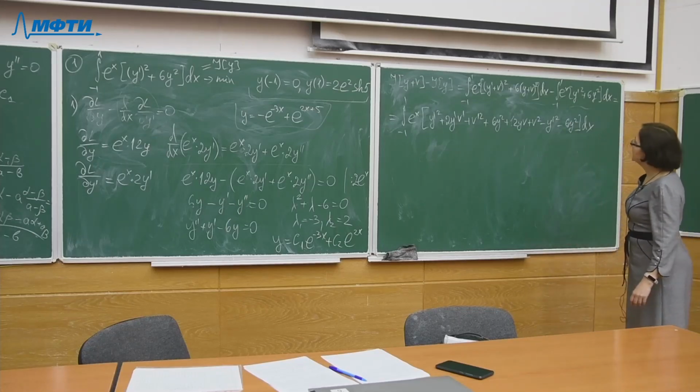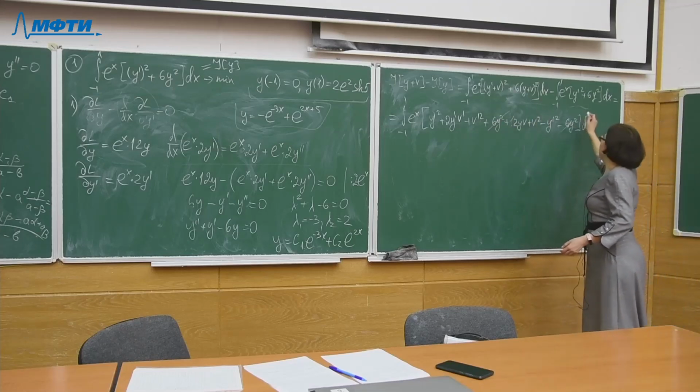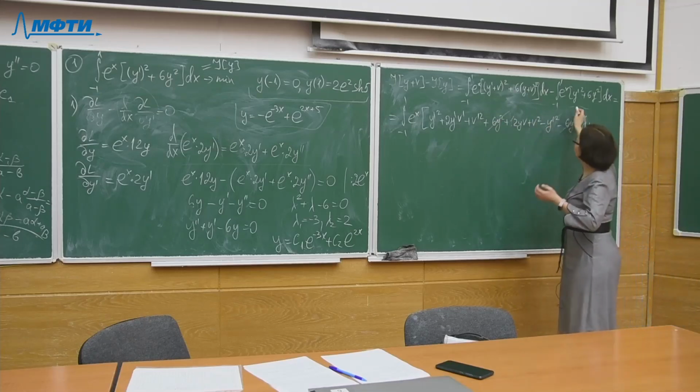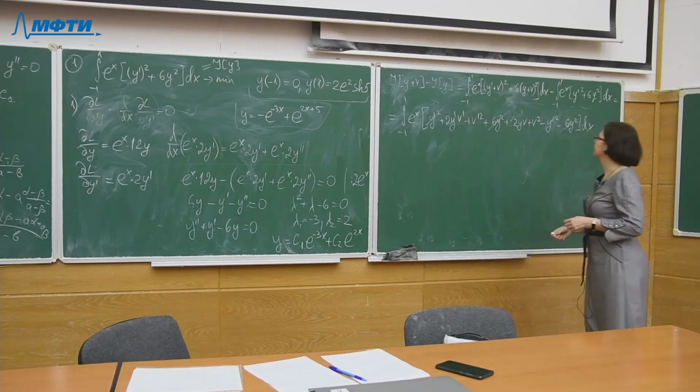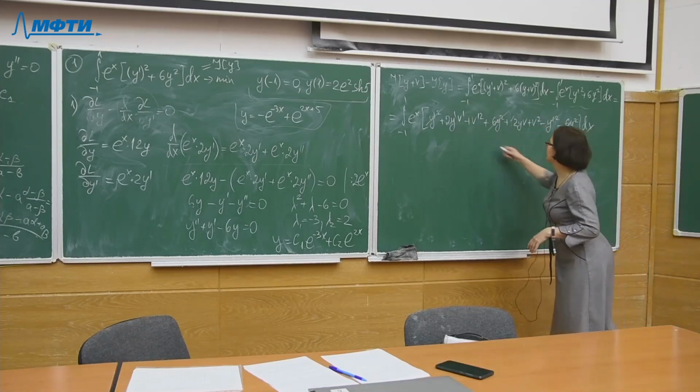Okay, we can eliminate something, so this and this and this and this. So we have this sum.